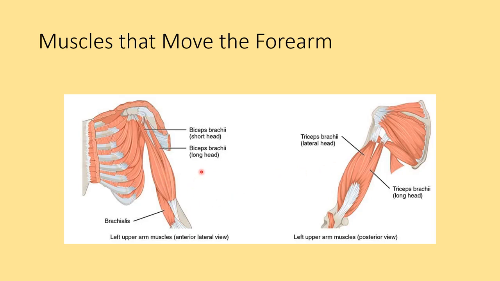I encourage you to please use the full name because there is also a biceps femoris, and I want to know that you can distinguish between those 2 muscles. So for me on a test, if you just say biceps, you're only getting half credit because I need to know that you know the difference between the different muscles. Triceps, like I said, has 3 heads, so 1, 2, 3.